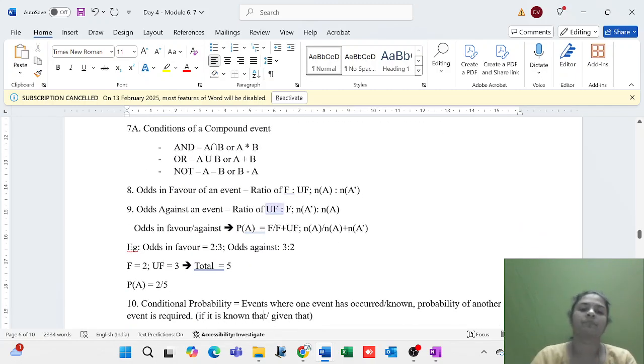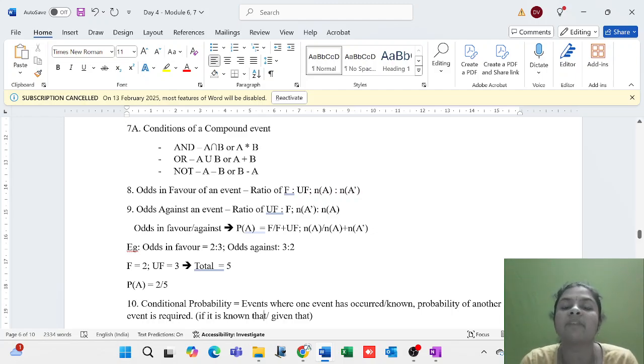Moving on. Odds in favor of an event is the ratio of favorable outcomes to unfavorable outcomes. So, N of A is to N of A dash, where the total number of outcomes is N of A plus N of A dash. So, if they give you, say, probability is 3 by 7, 3 represents the favorable outcome. 7 is the total, so unfavorable will be 7 minus 3, which is 4.